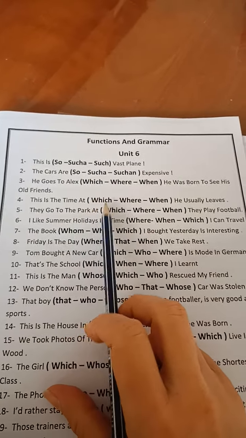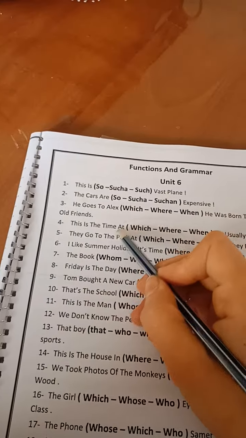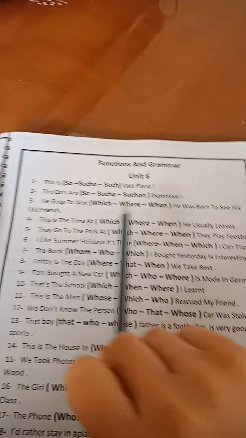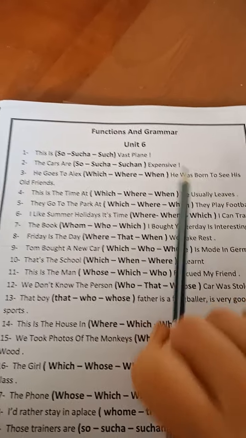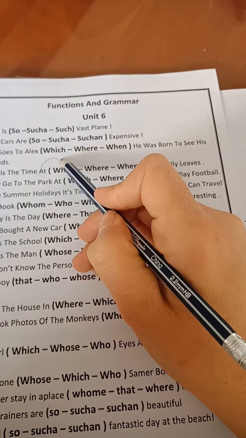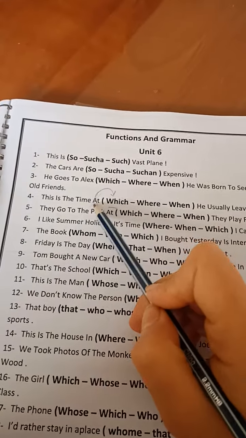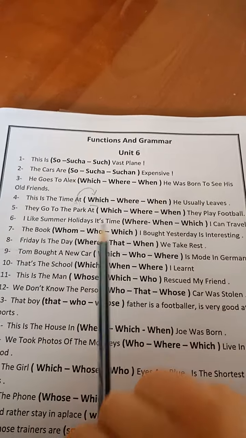This is the time at which he usually leaves. If you don't have at here, I will say this is the time when he usually leaves. So either I will say this is the time at, I have to use which, at which. If I don't have at, I will say this is the time when he usually leaves.